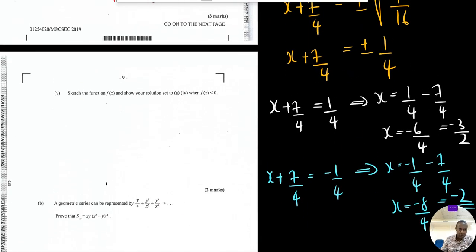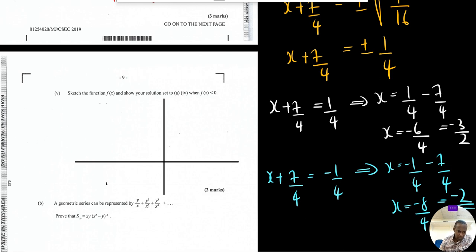So we can basically do a quick little thing. Let's see how we're going to go about the sketch. So, nothing too sophisticated. Something like this.